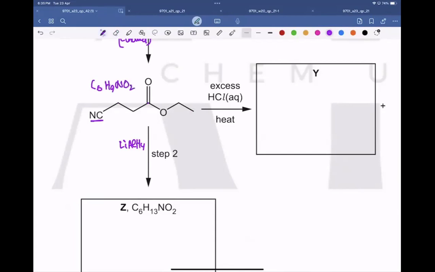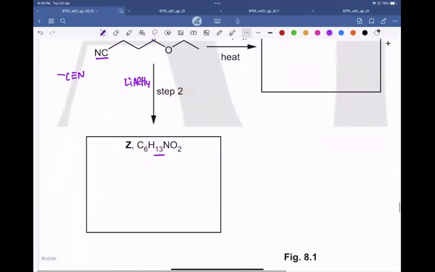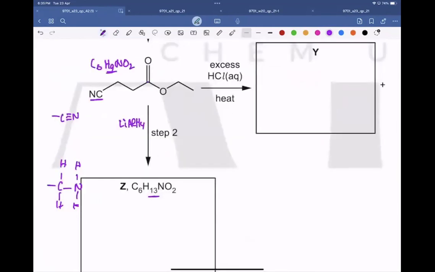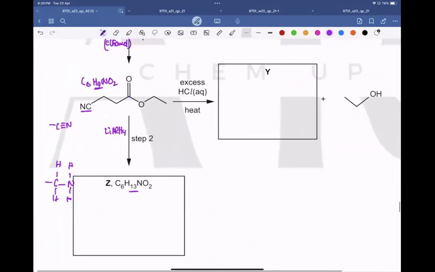So see, 4 hydrogens are being added. So C triple bond N turns into C single bond N. So 2 hydrogens get over here and 2 hydrogens get over here. So see, the four hydrogens are justified, from 9 to 13. So it means it's a reduction.